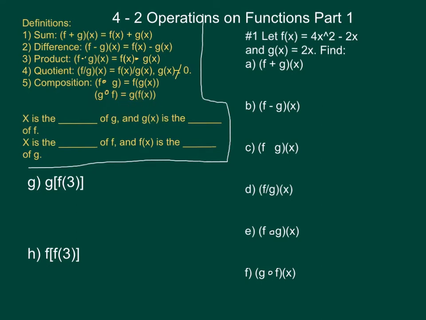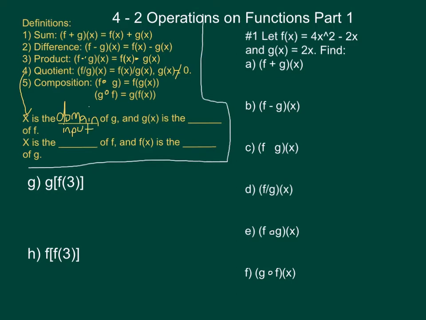Now, one way to think about it, take number 4, bring it down here. That's where x is the domain of g. Oh, I wrote that wrong. Erase that right there. I meant to write domain. X is the domain of g. In other words, it's the input of g.